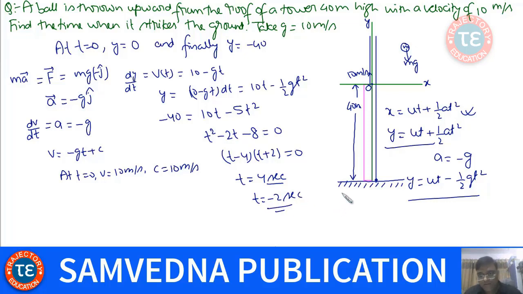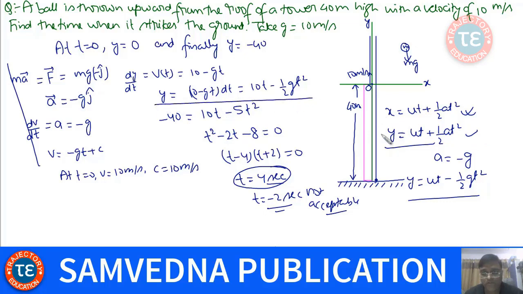See, t equals minus 2 seconds is not acceptable. Time will never have a negative value, right? So this is not acceptable. So t is 4 seconds. So body is going to come at the bottom in 4 seconds. Alright. So you can go like this, or you can just remember this formula and put it over here.